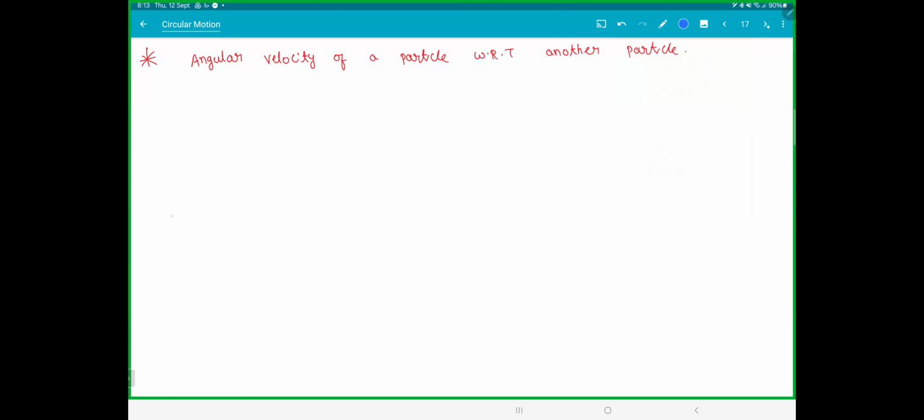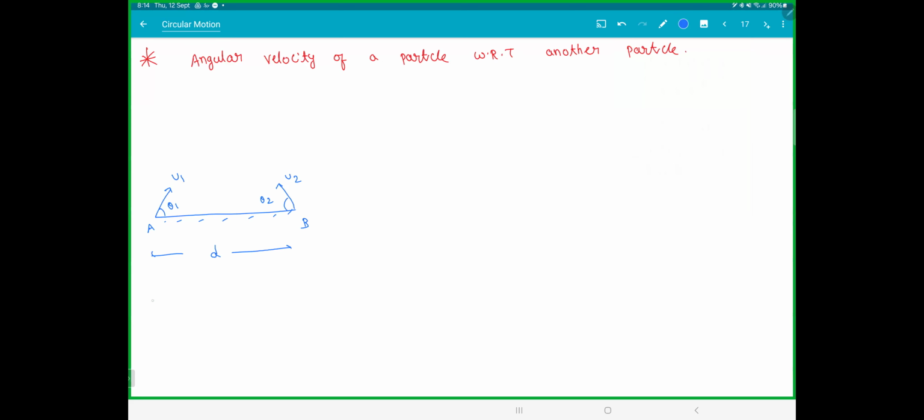So let's say we have a particle going with u1, theta 1. This is going u2, theta 2. This is A, this is B, and this is D. So if I ask you, find the angular velocity of B as seen by A.